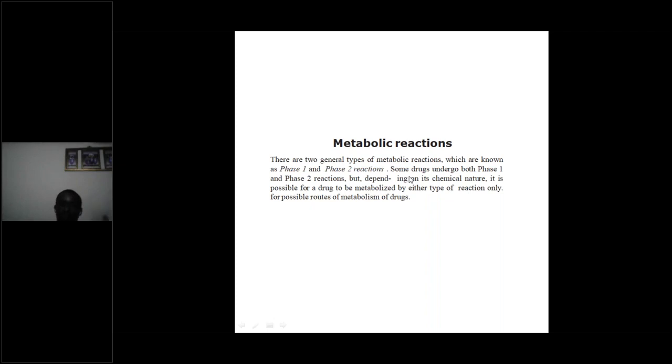They are known as phase 1 and phase 2 reactions. Some drugs will undergo both, others will undergo one. What will determine which metabolic process the drug will undergo depends on the chemical nature of the drug and the enzyme managing each phase of the metabolic process. It's also possible for a drug to be metabolized by either type of reaction only. So take note of that.